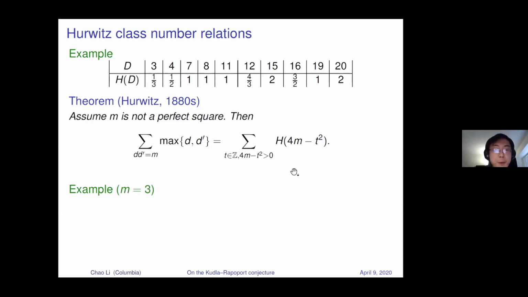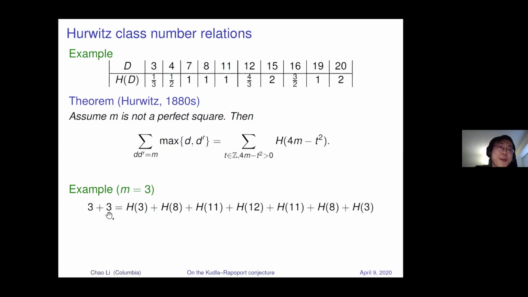All right, so for example, let me give you a simplistic example, m equals 3, and I guess you have no trouble computing the left-hand side. The factorizations of 3 are 1 times 3 and 3 times 1, so you get 3 plus 3 on the left-hand side. But the right-hand side is more interesting.